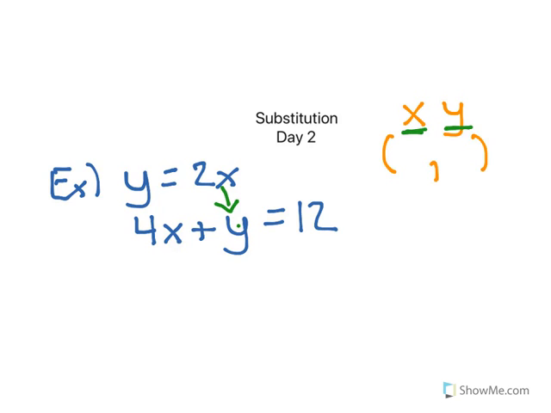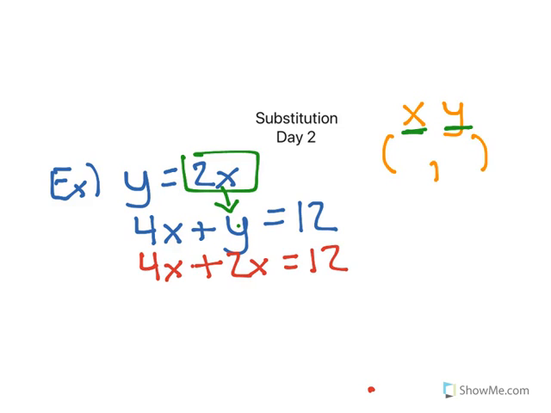So we know that y is 2x, and we're going to put 2x in for y in the next equation. So instead of that equation being 4x plus y equals 12, it's going to be 4x plus 2x is equal to 12. I'm just replacing y with the 2x. That's all I did there.